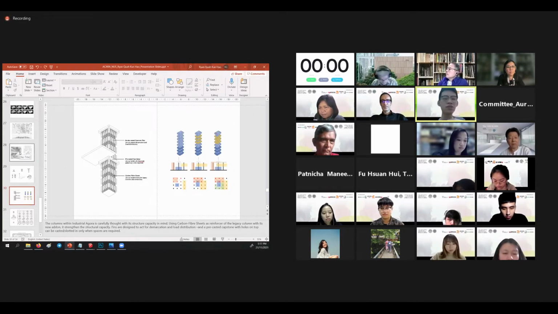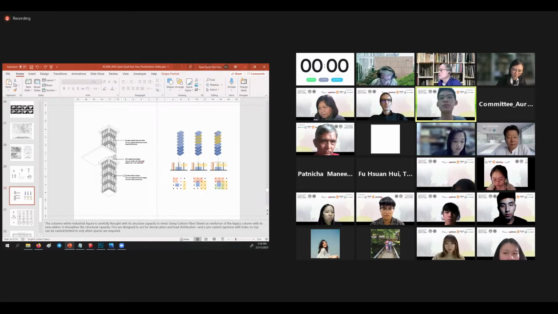And in terms of this architectural manifestation, the most systematic approach that I could take was to design the columns as devices for them to construct on.